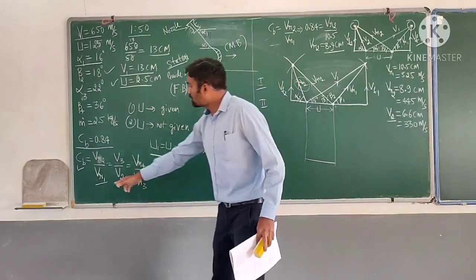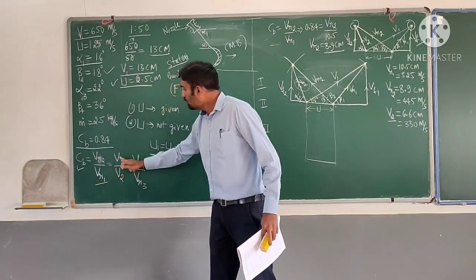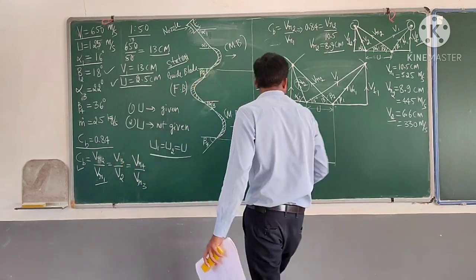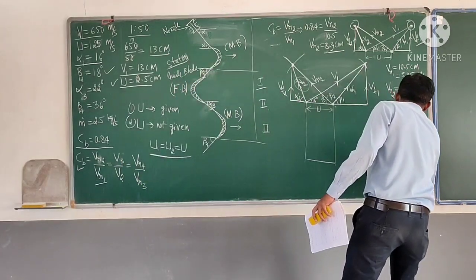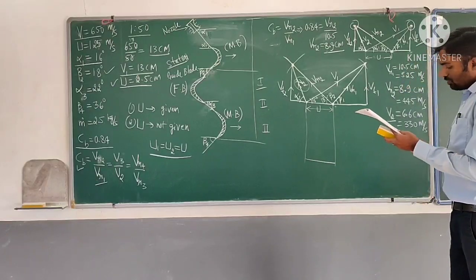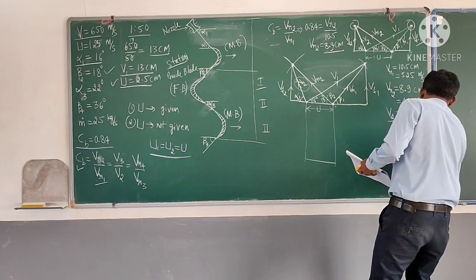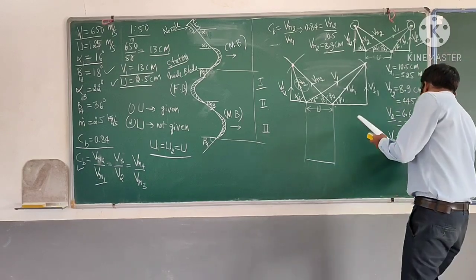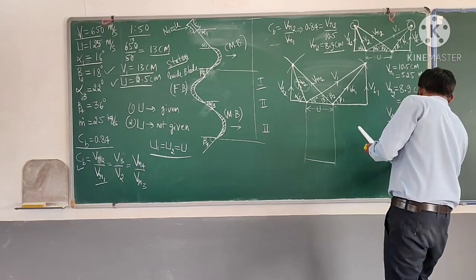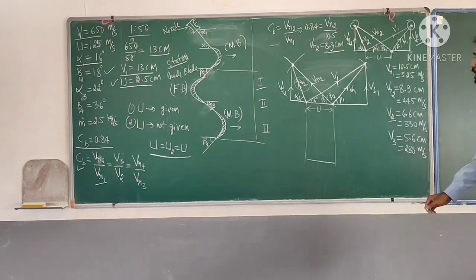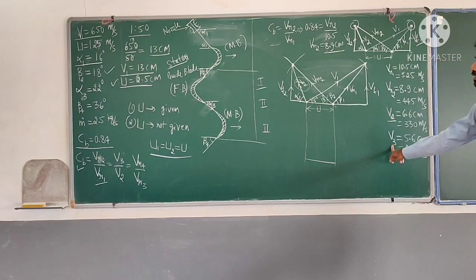Again, using this relation, which is Cv equal to V3 by V2, I can find the value of V3. We have found the value of V3, which is around 5.6 centimeters, in meters per second around 280 meters per second.